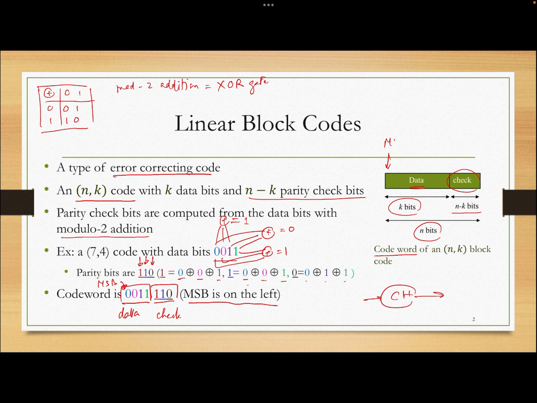So basically you send 0011110. This is the code word that you send, and then you get the received sequence.